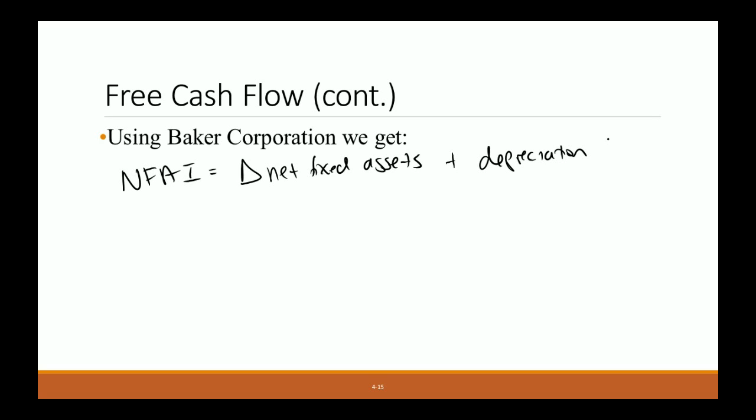So using Baker Company, we see that from 2011 to 2012, our net fixed assets have increased $200. So we have $1,200 in 2012 minus $1,000 in year 2011. This is on the bottom half of the first page.